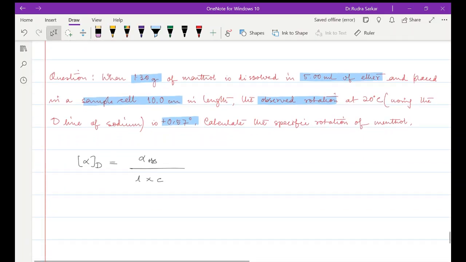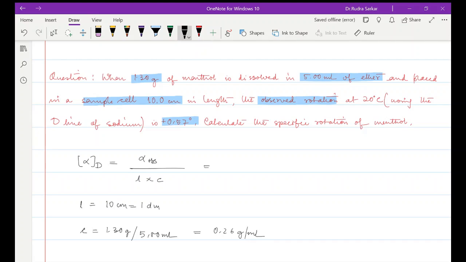L into C. What is the length? 10 centimeter means 1 dm. What is the concentration? 1.30 gram divided by 5 ml. So that is 1.3 divided by 5, 0.26 gram per ml. We just need to plug in these values.